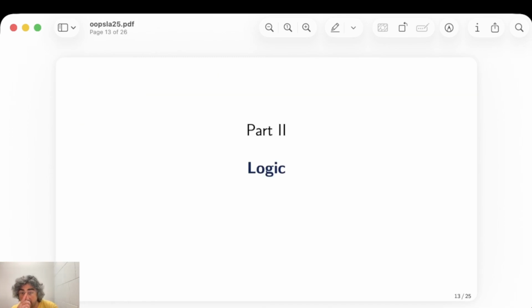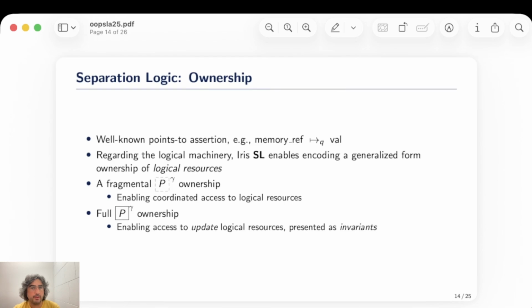Now we can look at virtualized memory from the logical perspective and understand the verification challenges that it exposes. Since our assertions for virtualized memory are in separation logic, we should take a quick recap of separation logic assertions.